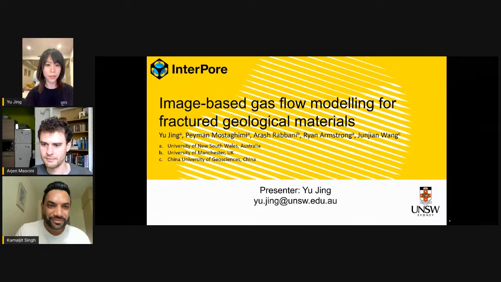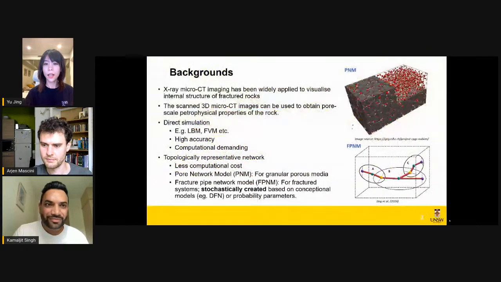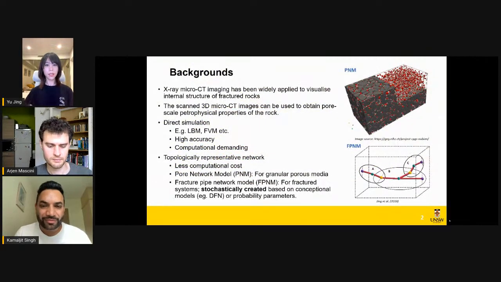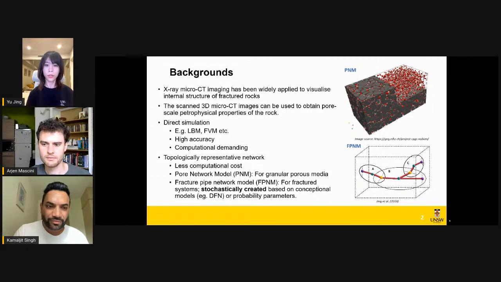Today my talk is about image-based gas flow modeling for fractured geological materials. A little bit of background: X-ray microCT images have been widely applied to obtain the internal structure of the fractured media, and using these 3D images, we can get the petrophysical properties of the rocks.